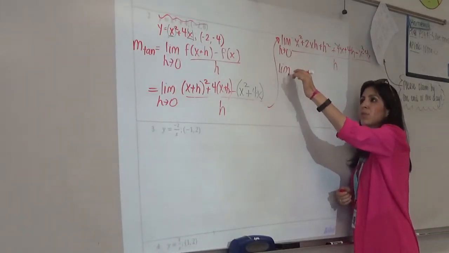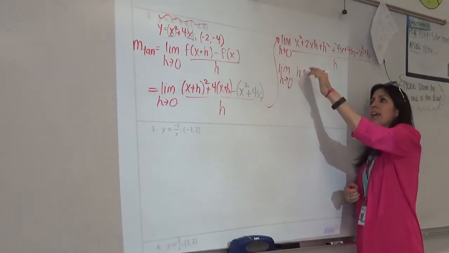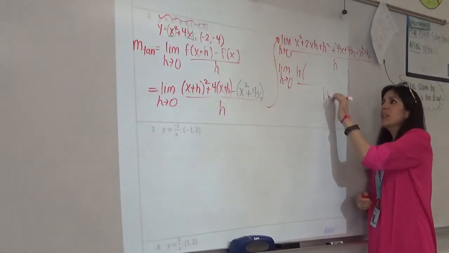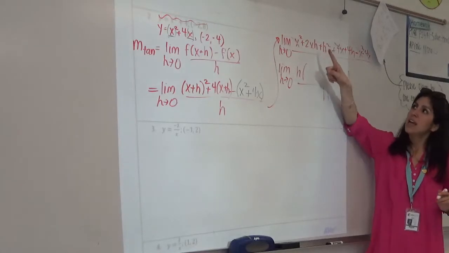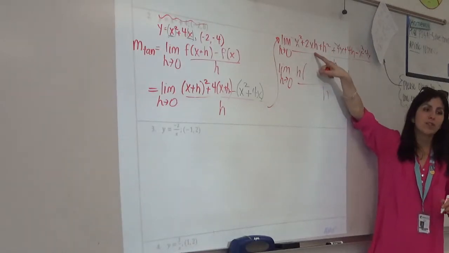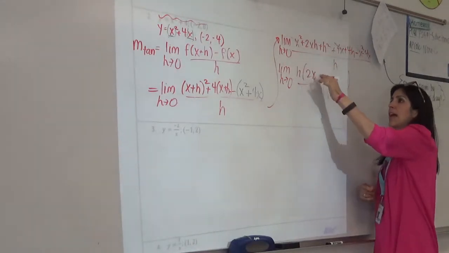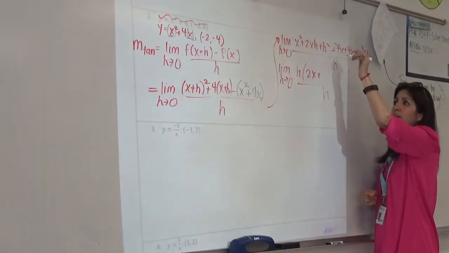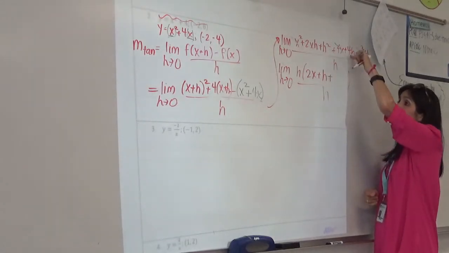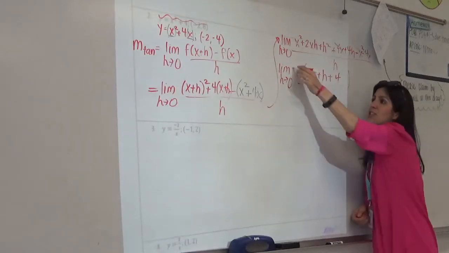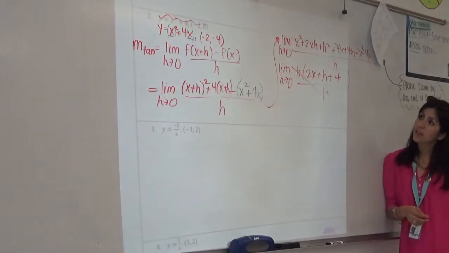The limit as h approaches 0, then, when I take the h out, leaves me with, let's see, h times what is 2xh? 2x. H times what is h squared? h. H times what is 4h? 4. H's are gone.